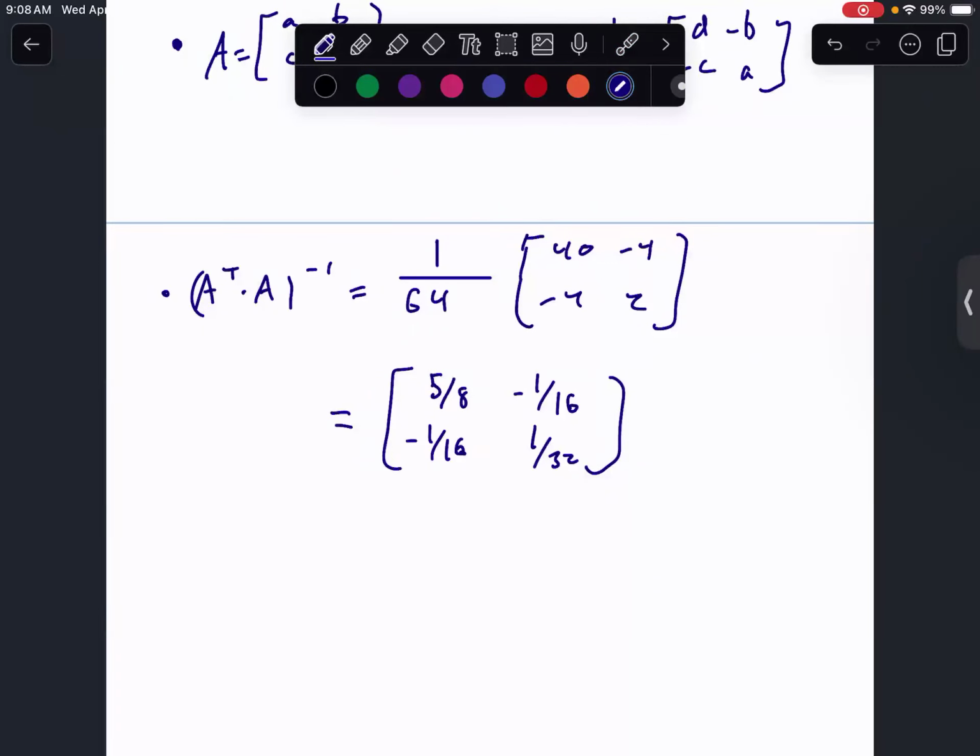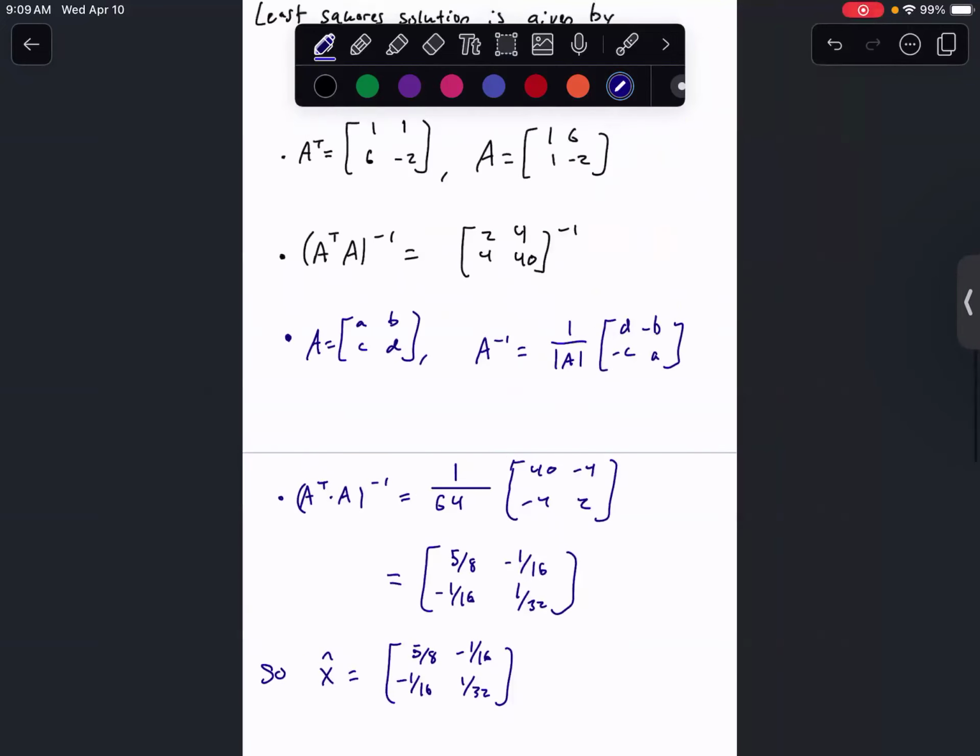And so going back to the beginning, we have this least squares solution is going to be equal to this matrix I have written above, 5 over 8, minus 1 over 16, minus 1 over 16, then 1 over 32, multiplied by A transpose, where A transpose was this matrix 1, 1, 6, minus 2.